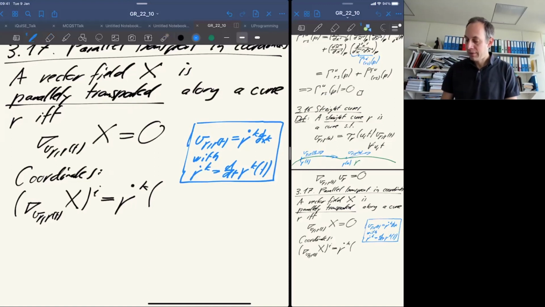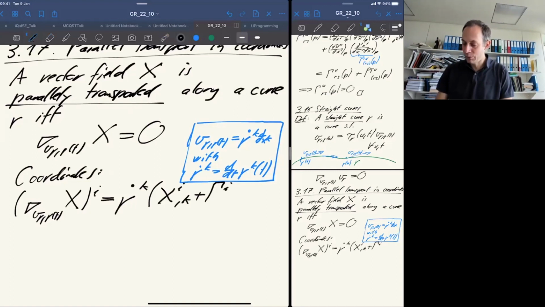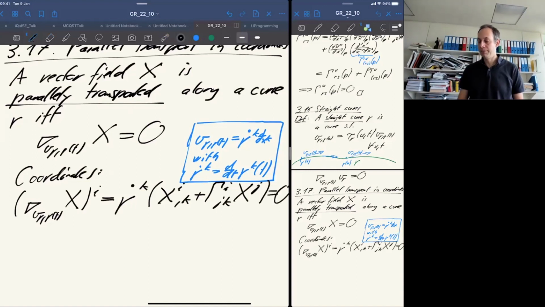What I said is that the covariant derivative can be expressed in terms of the partial derivative, which is denoted with a comma, plus the correction terms. Remember, that's also part of what I used in my motivation before when I said that in normal coordinates, the covariant derivative and the partial derivative of course agree in the case where these gamma symbols are zero. Because if the gamma symbols are zero, we really have the formula you know from analysis.